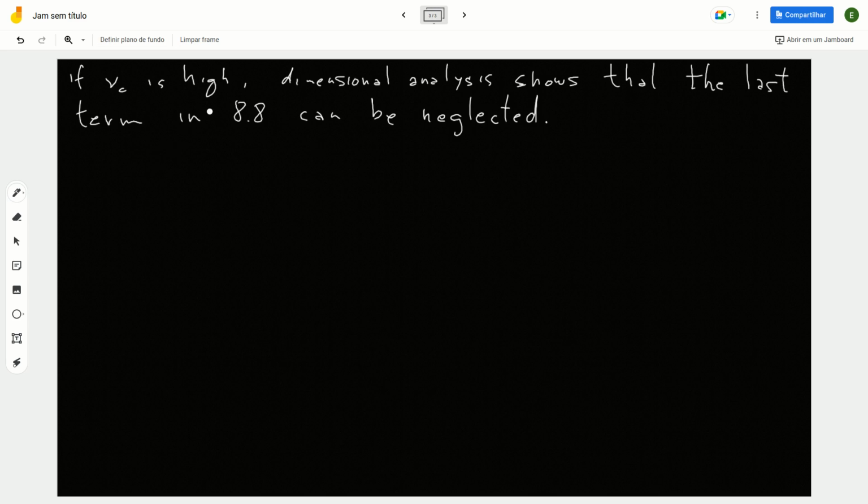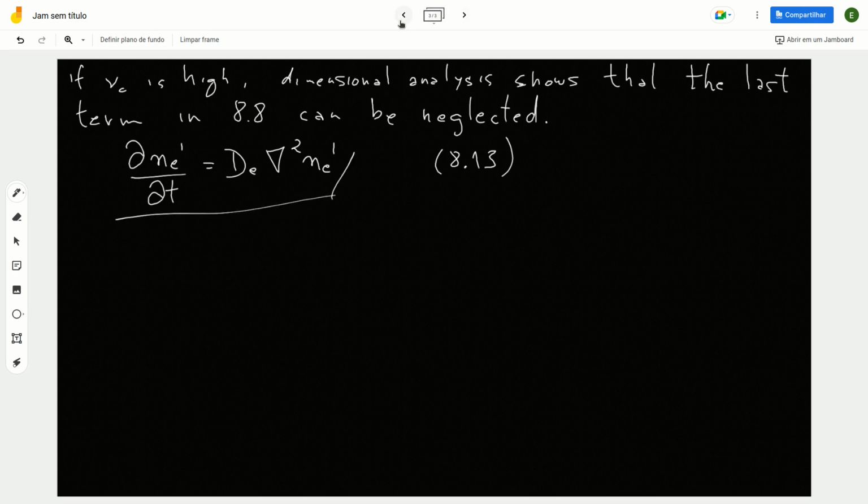In this case, you do have a true diffusion equation for the electron density fluctuation. And okay, we have this one.